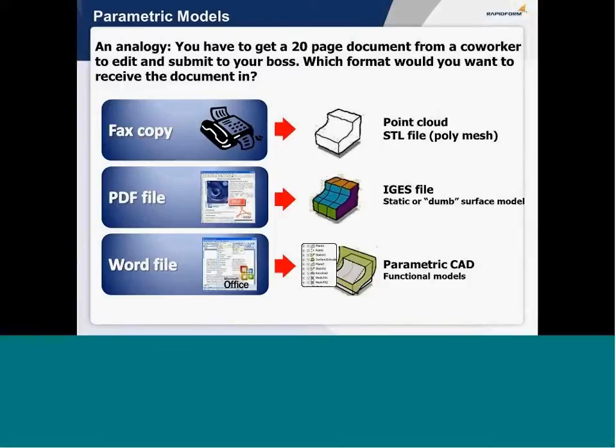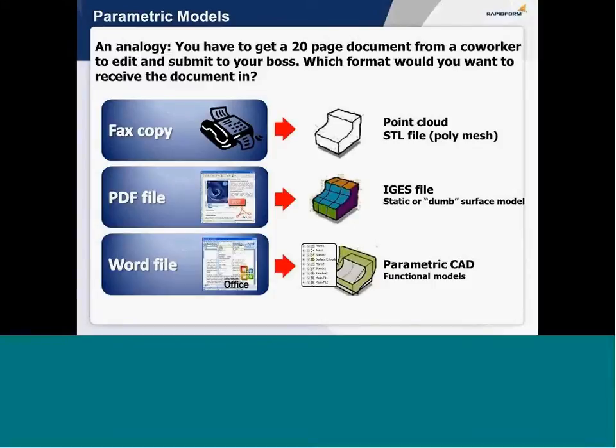The PDF file is one step forward. In the PDF file, you can at least copy and paste something out of the document and use it again in another document. A similar thing is the IGES file, which is already capable of being read by a CAD application. So you already can get some edges or some curves out of the IGES file, but you still need to create your model.